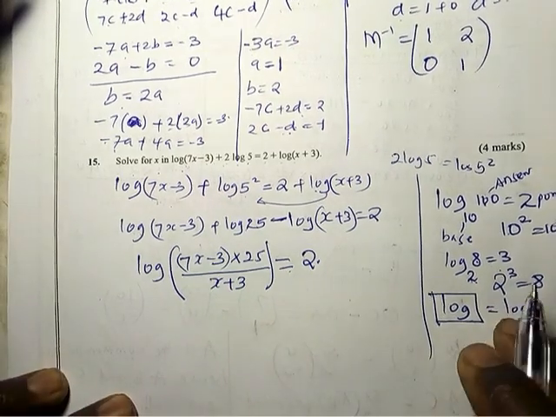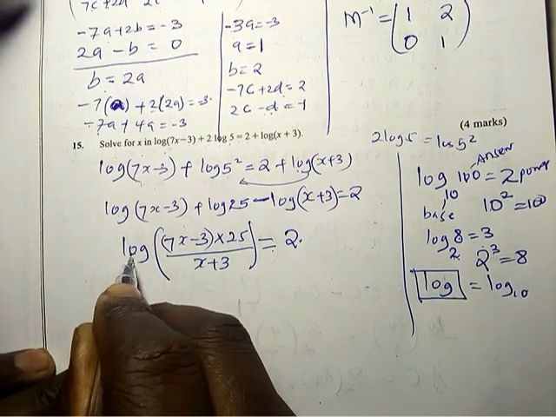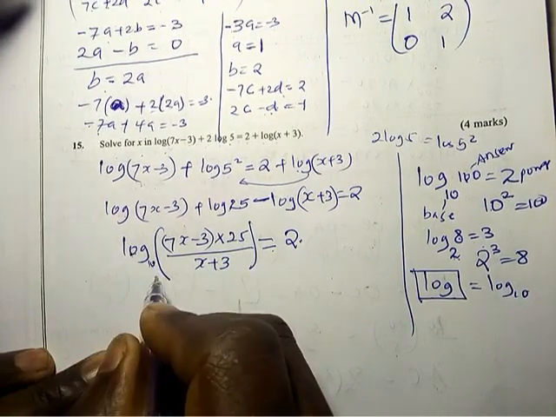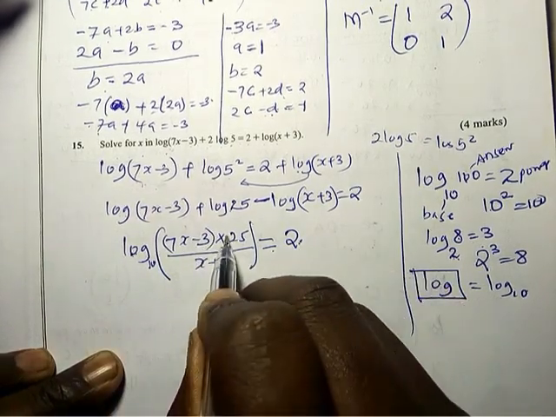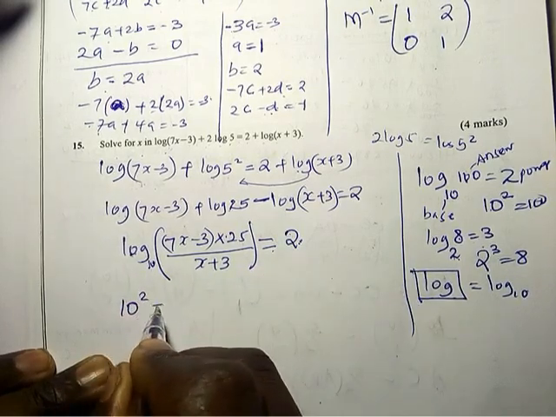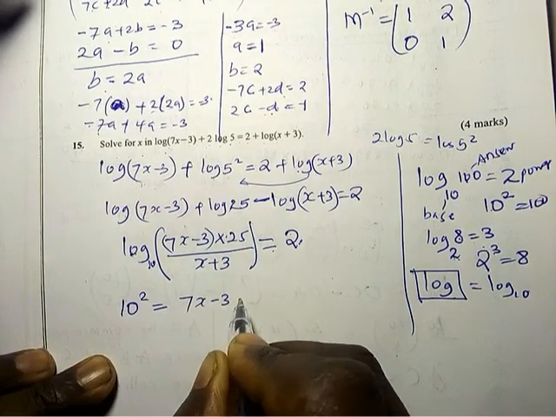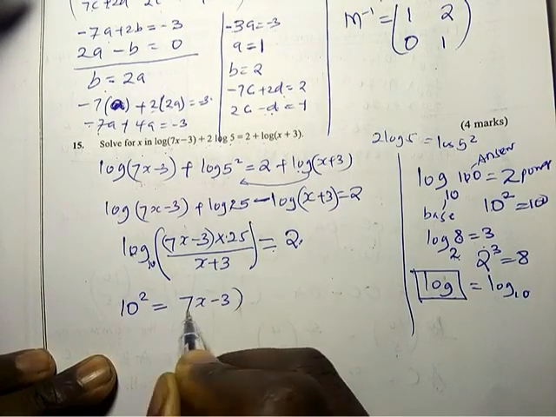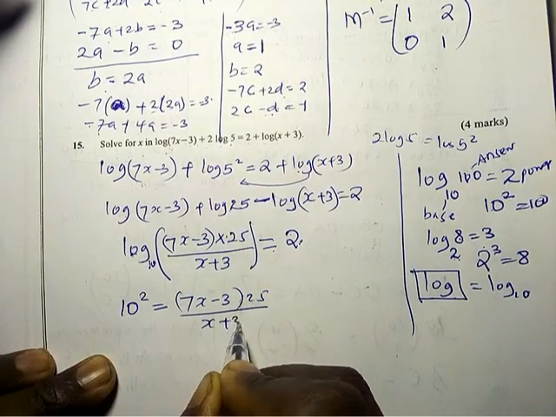So with this knowledge, we go back here and say this is log base 10, because the 10 is always there. This is the base, this is the power, and this is the answer. So it is 10 to power 2, the answer is 7x minus 3 times 25 divided by x plus 3.